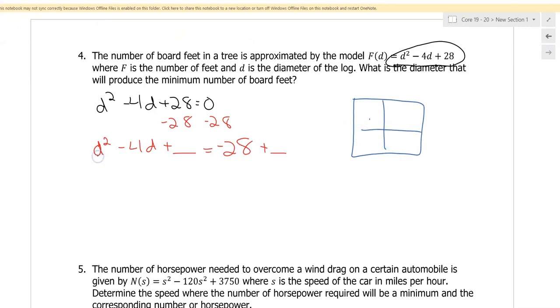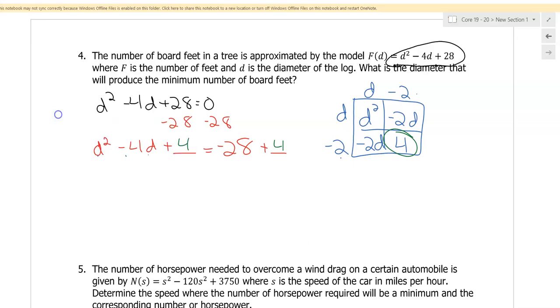On the side over here, we'll do our lovely completing the square. Well, we know we have d squared, which is d times d. Negative 4d, if I cut that in half, I'm going to have negative 2d and negative 2d. That means on the outside I have minus 2 and minus 2. And negative 2 times negative 2 is positive 4. So this positive 4 is the number that goes in our blank.